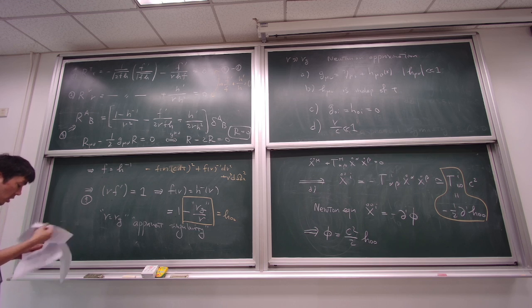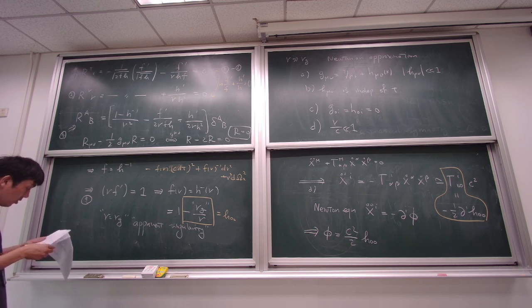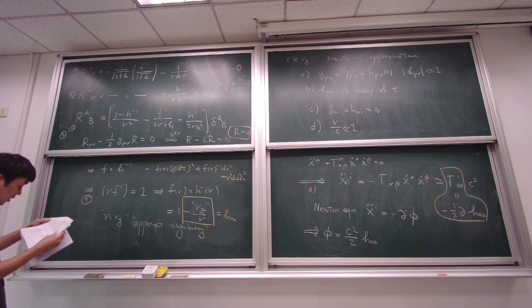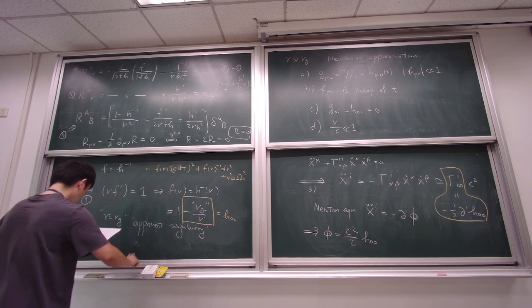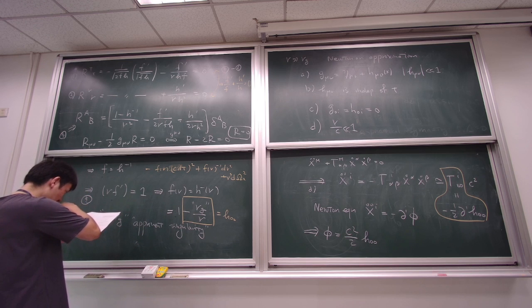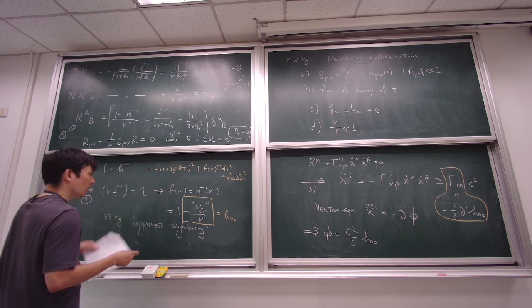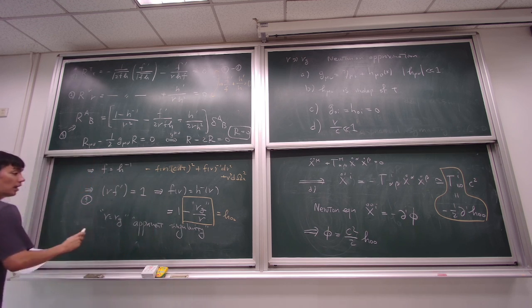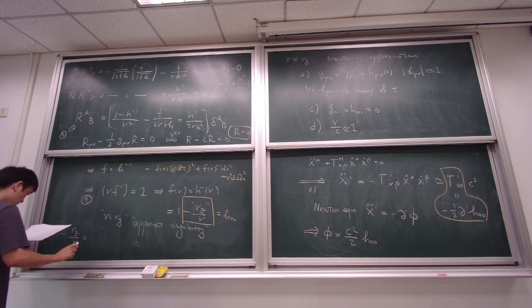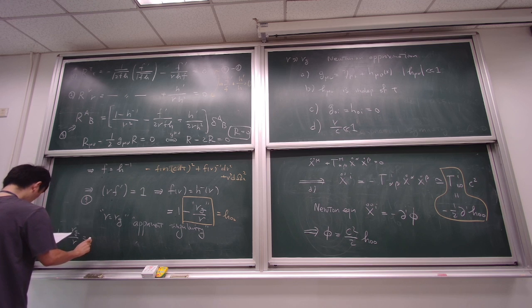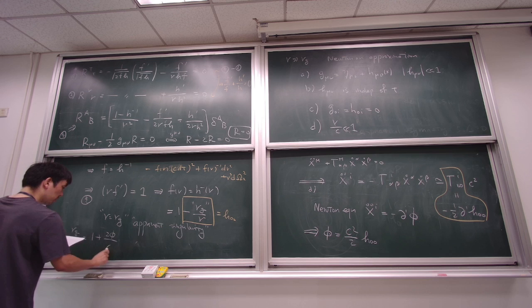So if you compare with this Newtonian potential, we can conclude that minus Rg over r is in fact equal to minus 1 plus 2 times phi over c squared.